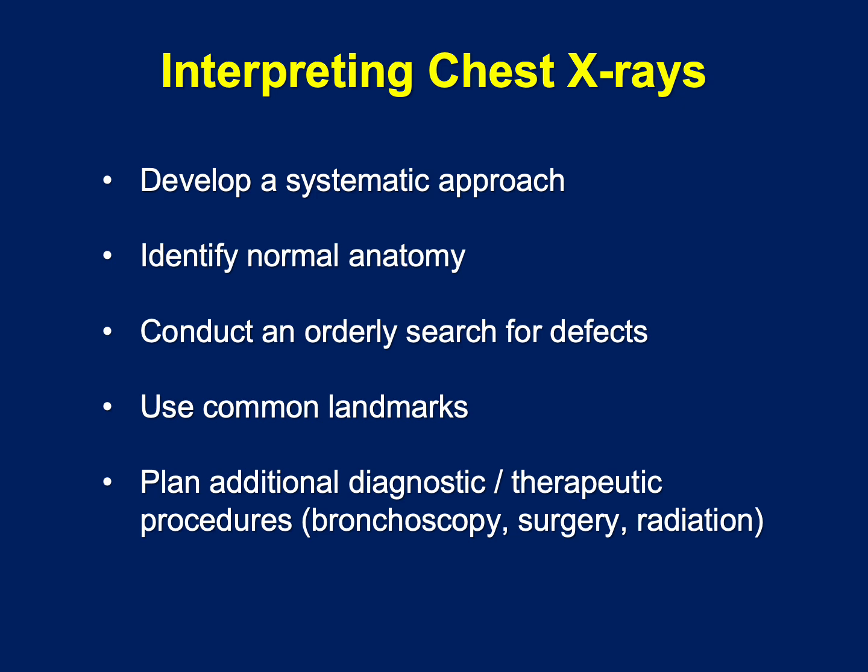When interpreting chest X-rays, a few points need to be considered. Develop a systematic approach in terms of where you're going to go, either from outside to inside, top to bottom, or inside to outside. Use that approach repeatedly so as not to miss abnormalities and normal structures.